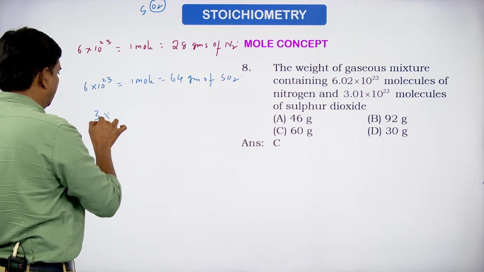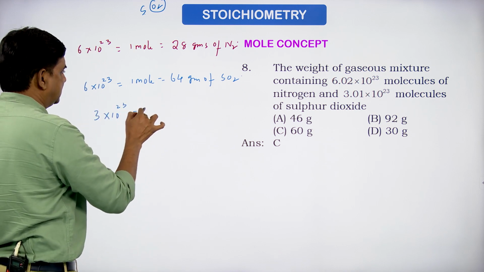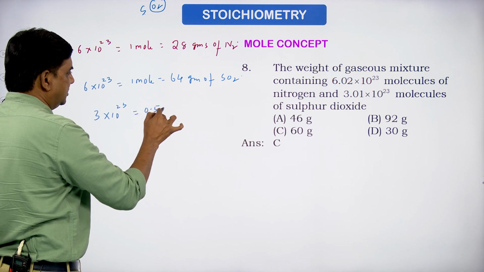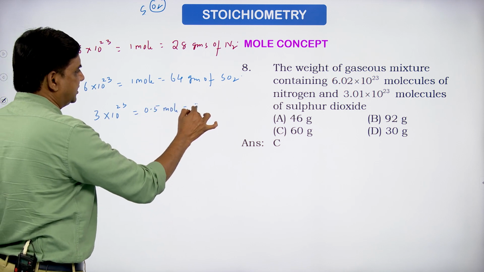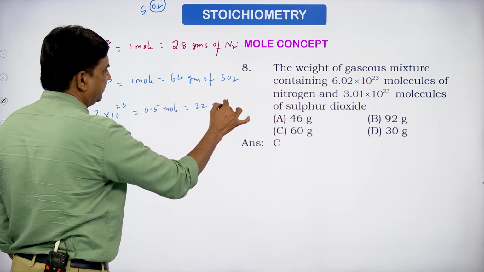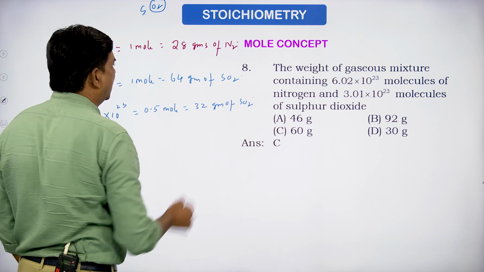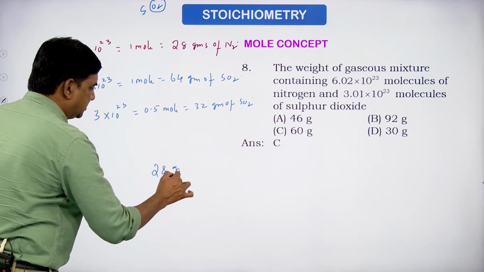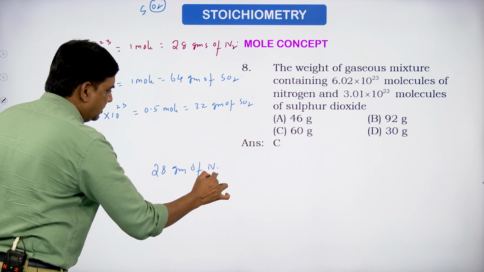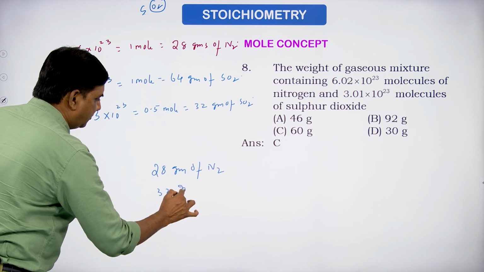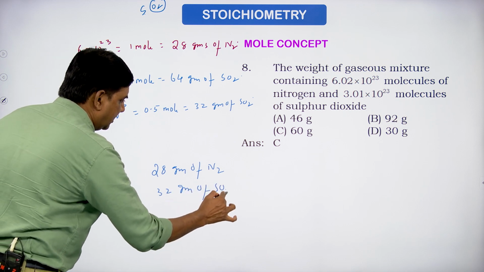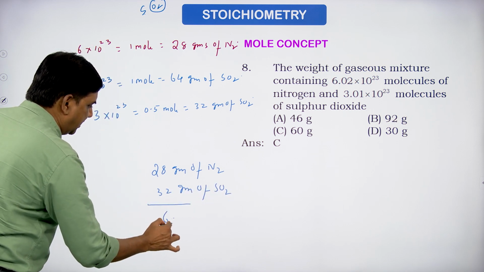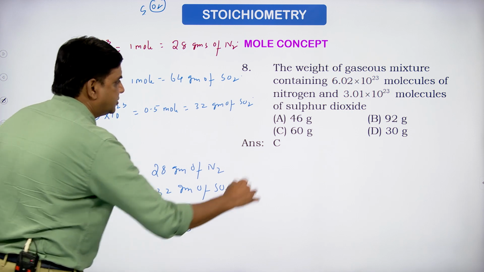But it is 3 into 10 power 23 only, meaning 0.5 mole. 0.5 mole of sulfur dioxide mass is 32 grams. Now what is the mass? 28 grams of nitrogen plus 32 grams of sulfur dioxide, and total is 60 grams. So answer is C.